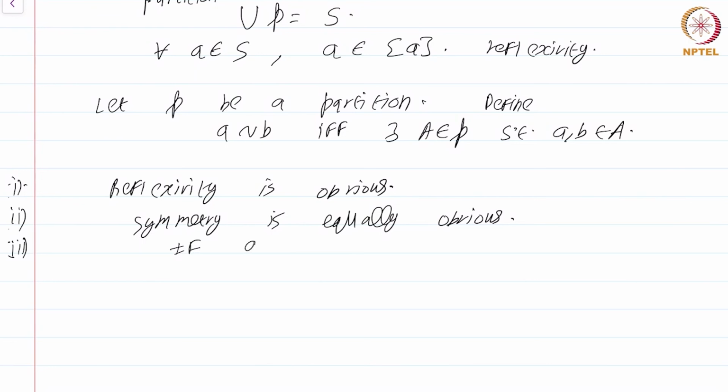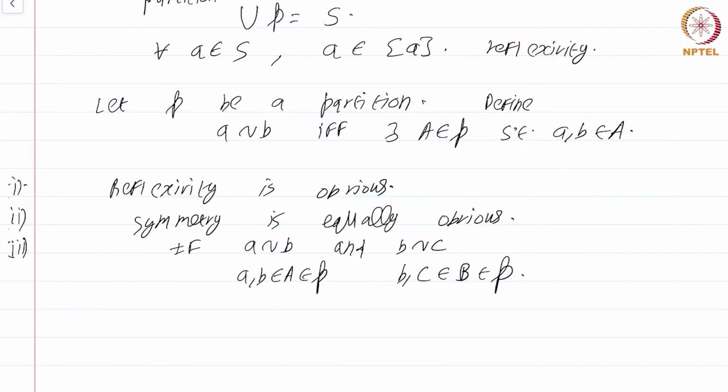If A is related to B and B is related to C, that means A, B must belong to some set 𝒜 and B, C must belong to some set ℬ. Okay, both should be elements of P. But 𝒜 and ℬ are not disjoint, they have the element B in common.